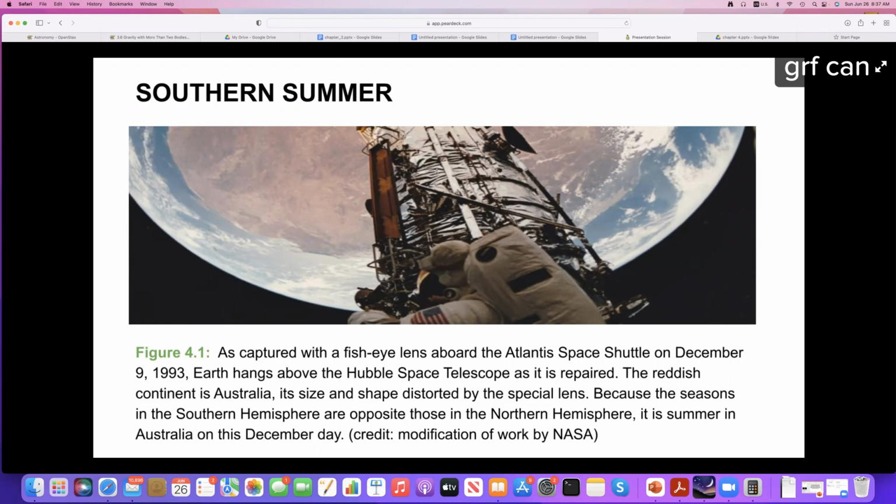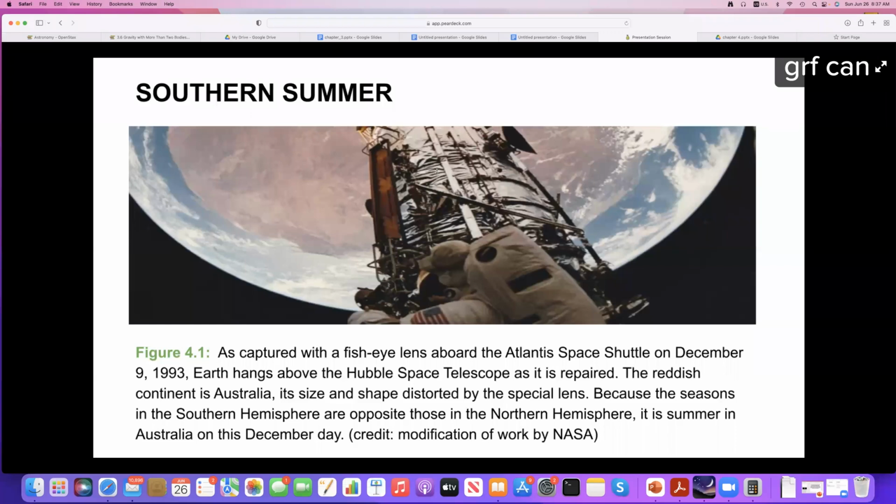You can see that the shape of the Earth does not look circular. It looks a little bit exaggerated or elongated, right? That is because they used a fisheye lens, which has a different effect. If some of you do photography, you probably know what a fisheye lens means.